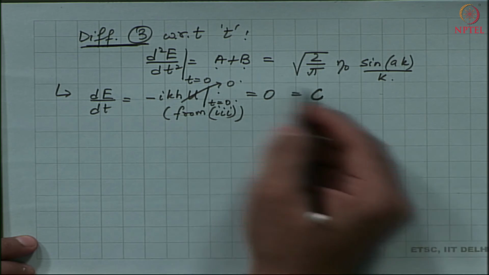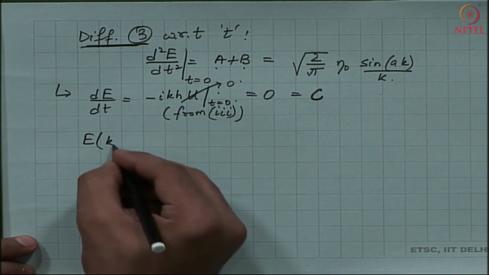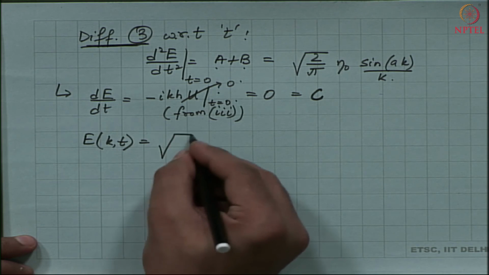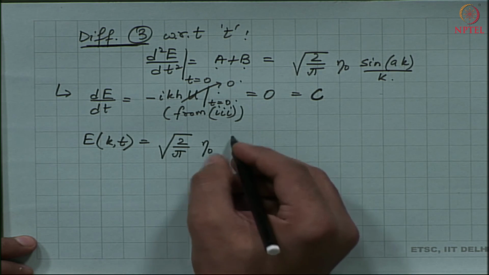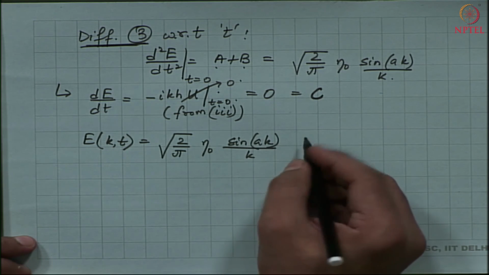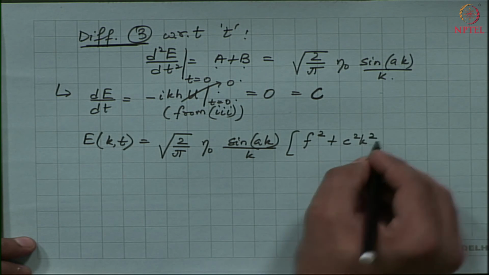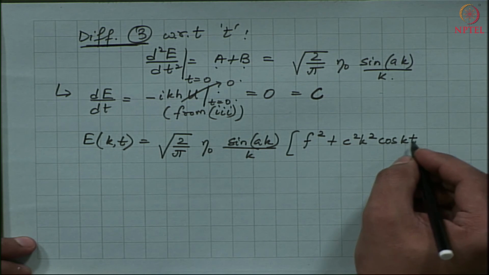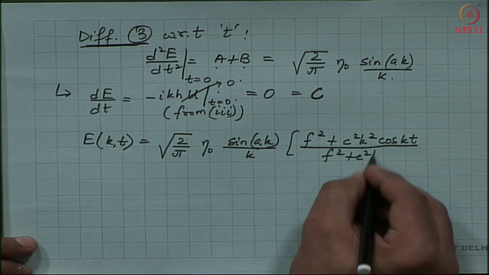So after finding a, b, c in this fashion, I get that my expression E(k,t) is given by the following: √(2/π) η₀ sin(ak)/k times (f² plus c²k² cos kt) divided by f² plus c²k².